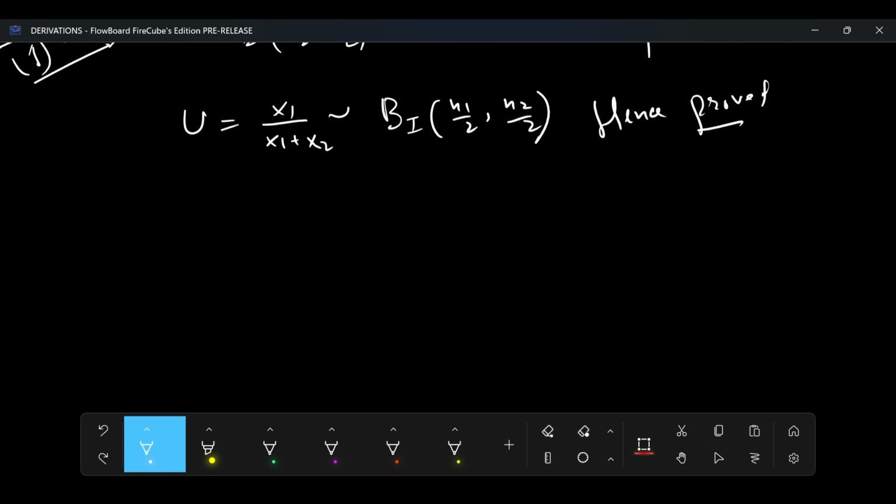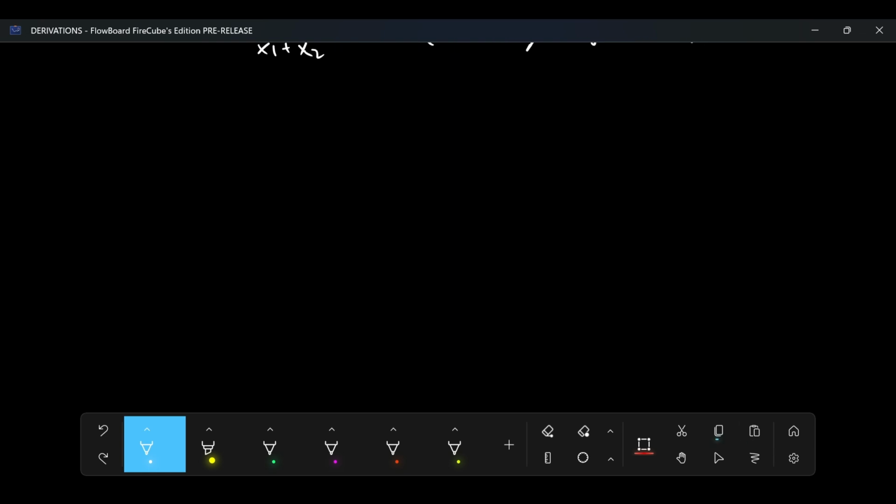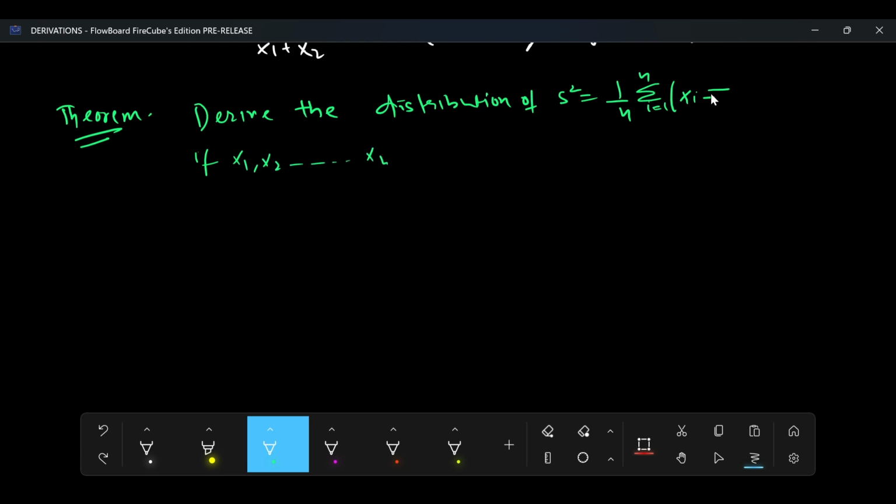Now another theorem is: derive the distribution of s square, equal to 1 upon n summation of (xi minus x bar) whole square, i is equal to 1 to n, if x1, x2 up to xn follow normal(mu, sigma square).